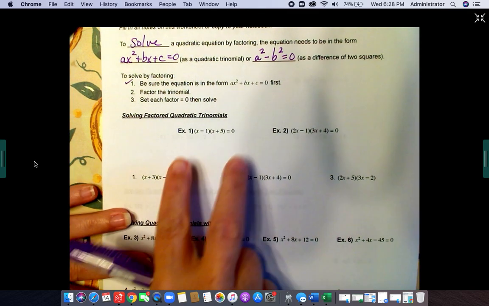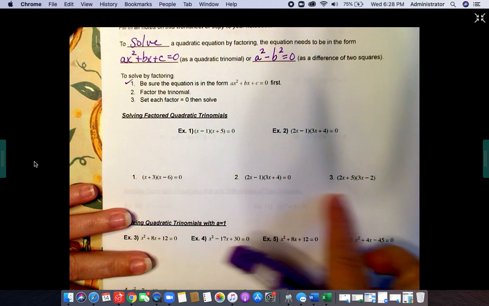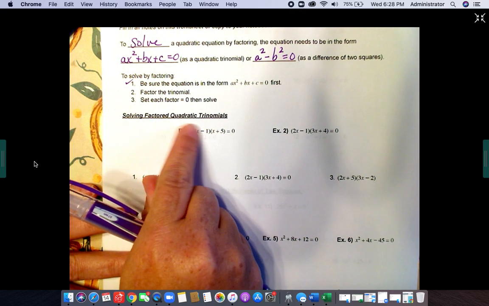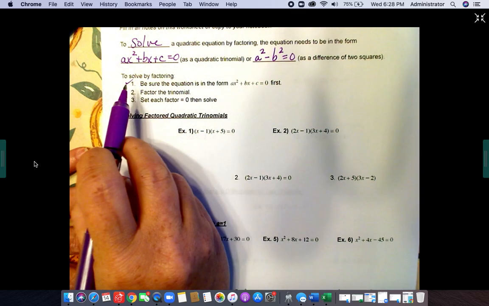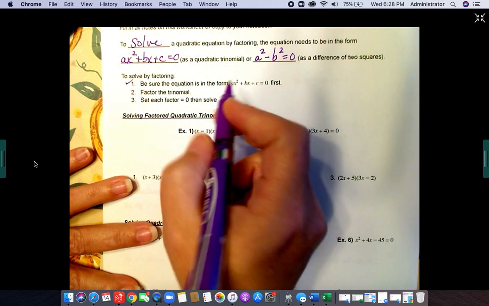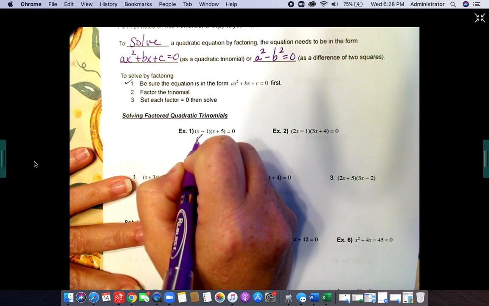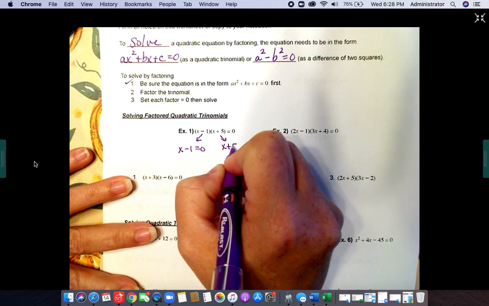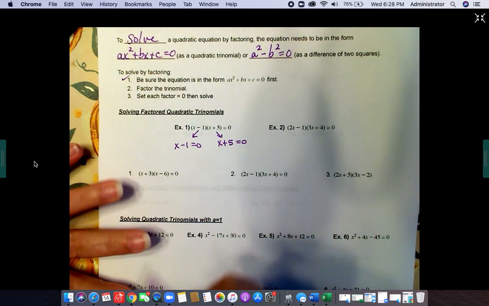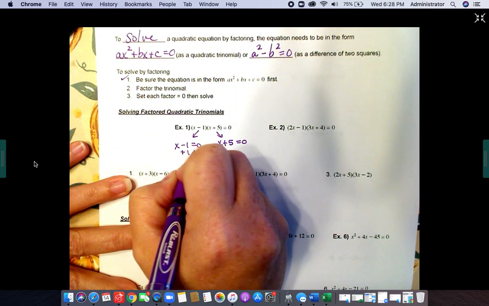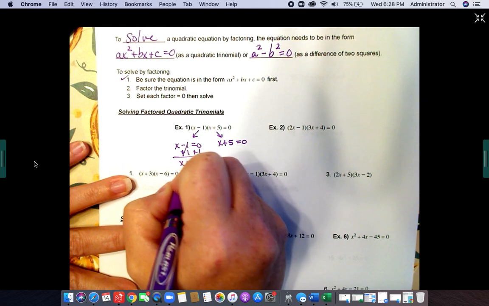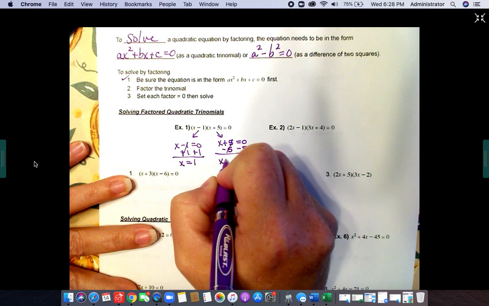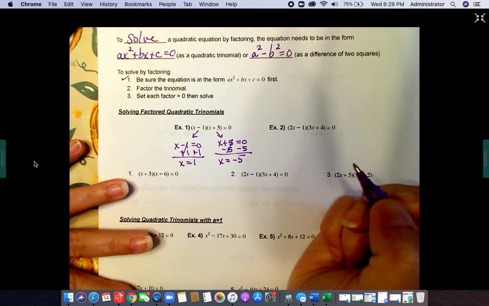For examples 1 and 2, you have 3 to do on your own, but examples 1 and 2, if you notice, are already factored quadratic trinomials. That means step 2 is already done. It's already factored for you. So you simply need to set each factor equal to 0 and then solve. And that's it.